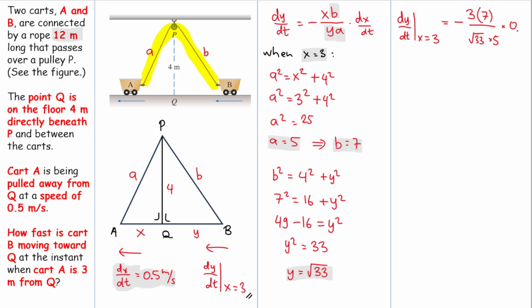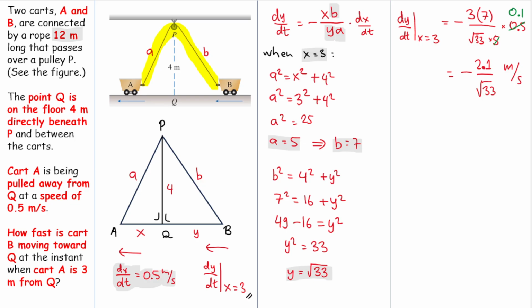So I will have 0.5. Okay, and I think we can cancel this 5 and this one into 0.1. Then we will have minus 21 multiplied by 0.1. I'll have minus 2.1 divided by the square root of 33. And I think that is the value of this dy/dt when x is equal to 3, and that is in meter per second.